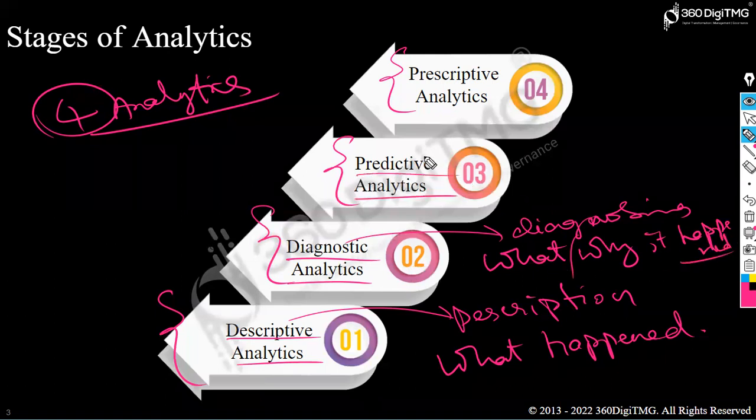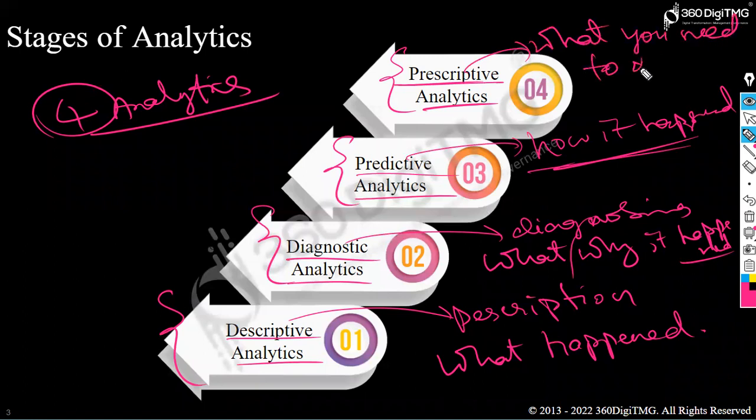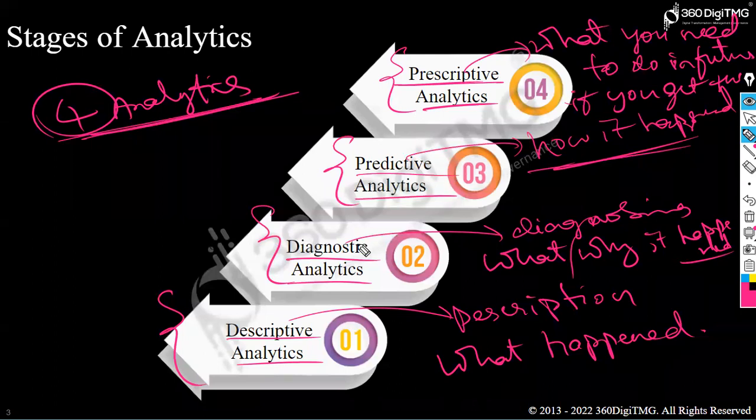Predictive is predicting how it has happened, and prescriptive is what you need to do in future if you get the same. So these are the different analytical stages that we follow in every model.